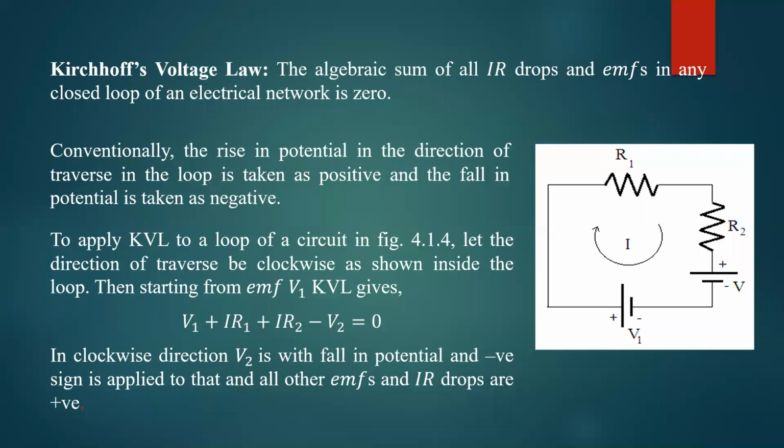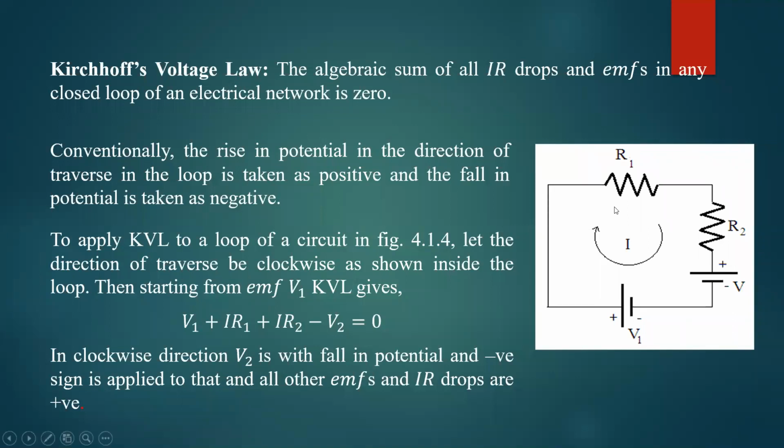So Kirchhoff's voltage law can be applied to any closed loop. It says that the algebraic sum of all IR drops, you have to consider all IR drops, and you have to consider all EMFs. EMF means the voltage sources in any closed loop of an electrical network is 0.